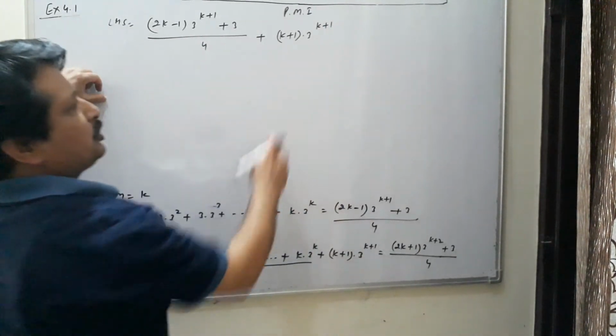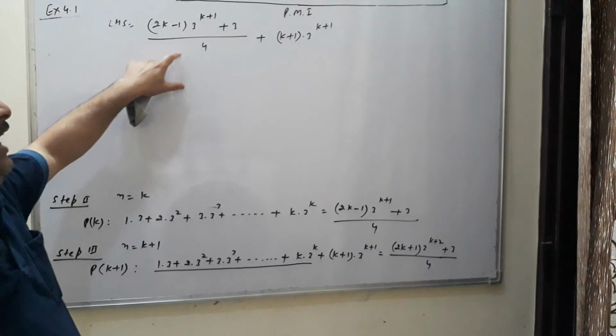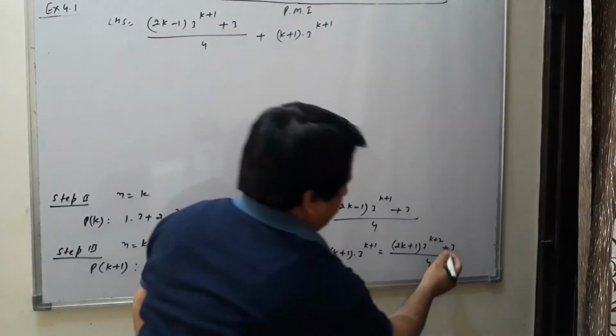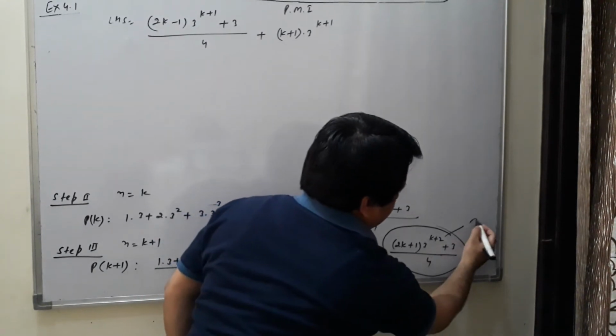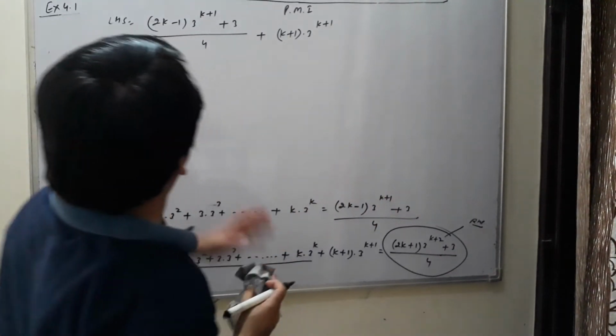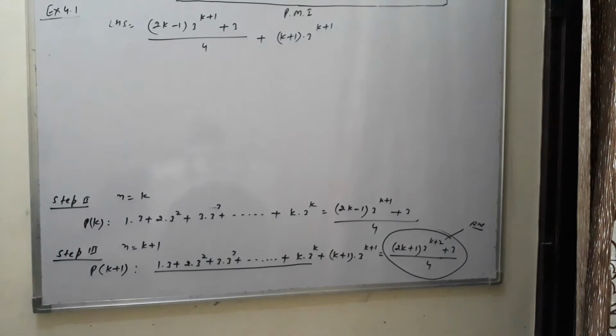Now student, we have to solve it, and while we will solve it, it will come as equal to the right hand side. This is the right hand side, students. Now here we have to make the left hand side equal to right hand side.